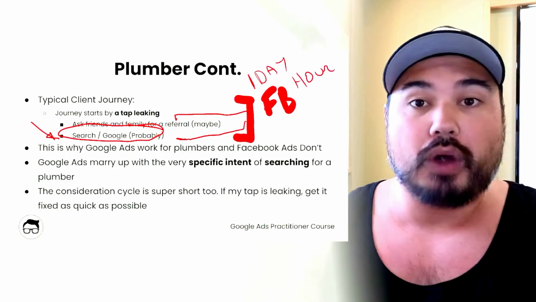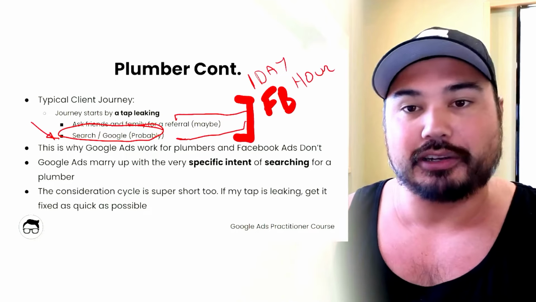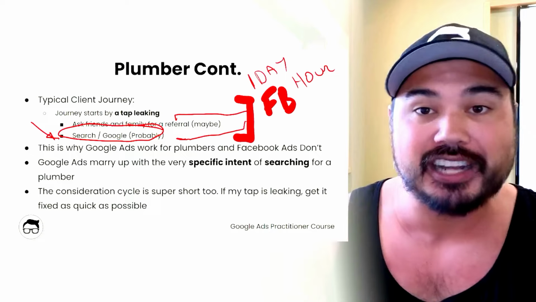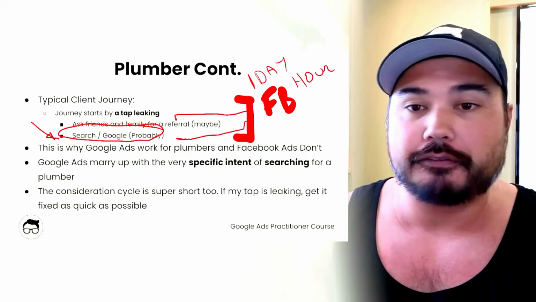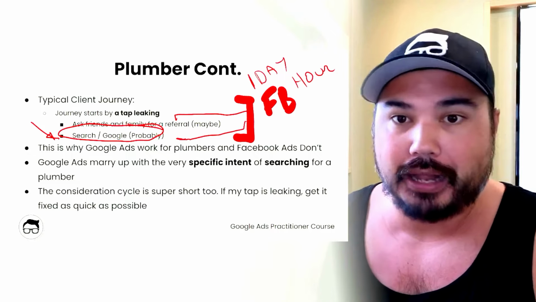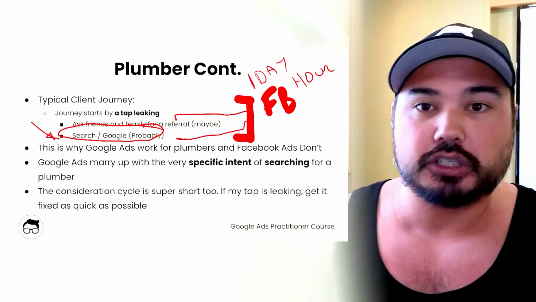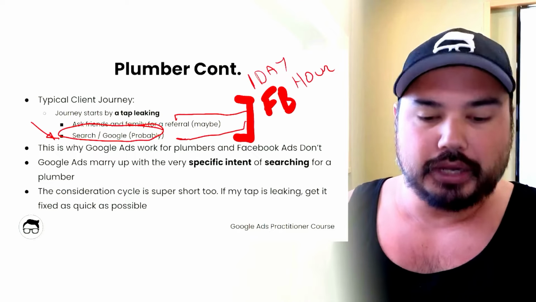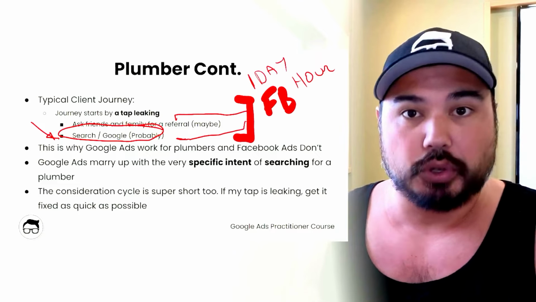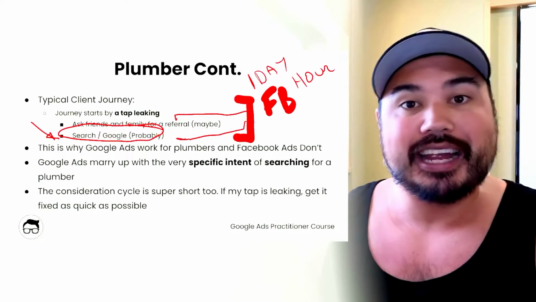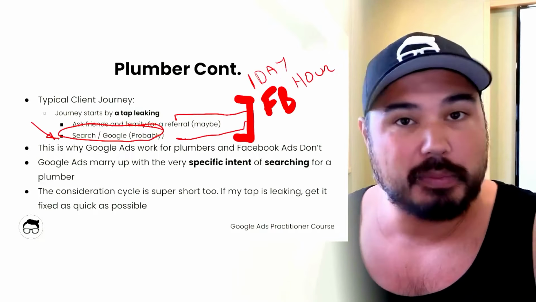So if you're going to run Facebook ads, it's like you have to strike the ground with your lightning right on the exact right spot at the very time they open up their PC and they might be scrolling on Facebook just as they're about to look for a plumber. Whereas with search, there's so many people going to search that you can just pluck people out of that funnel. So when the consideration cycle is smaller, Facebook ads generally have less time to work effectively. So that's why in this case, Google ads works really well for plumbers, and Facebook ads basically don't work at all.